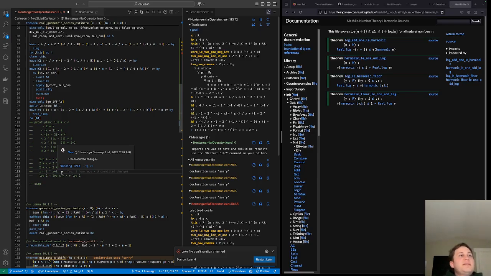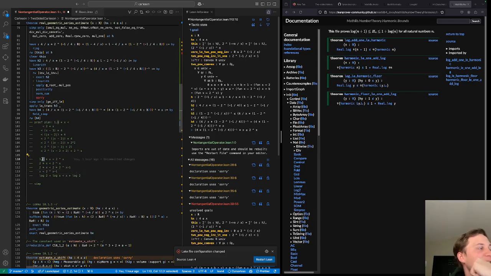It's always so surprising how hard these stupid lemmas are to prove. In theory, it could all be done by some tactic. 2 less than x less than 2 to the power x minus 1, right? So we want the weak bound.